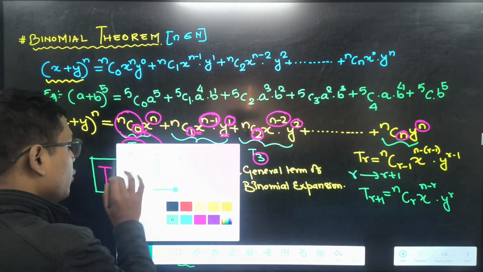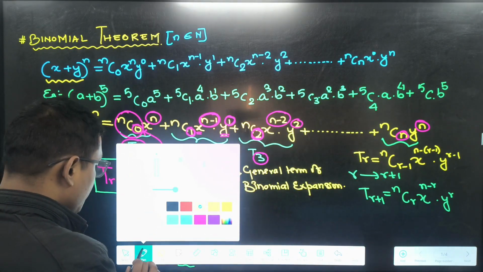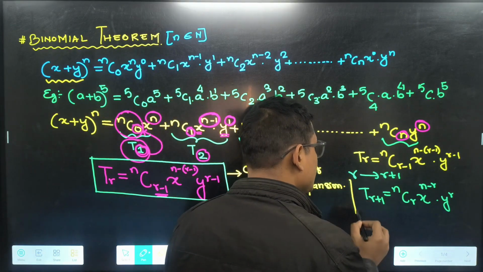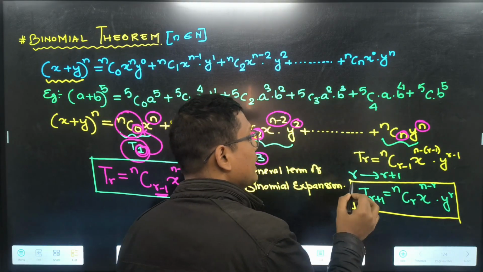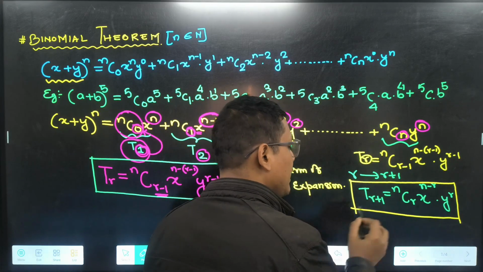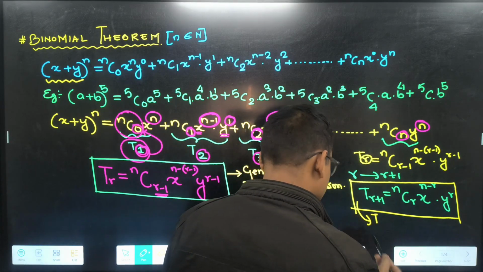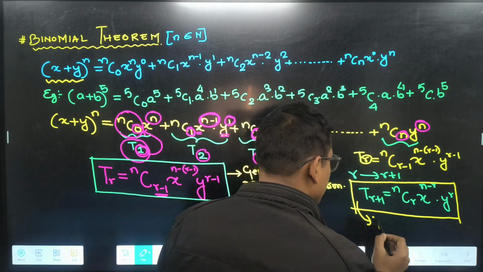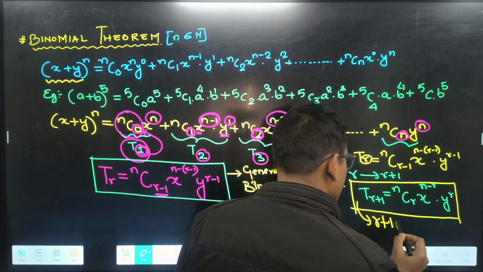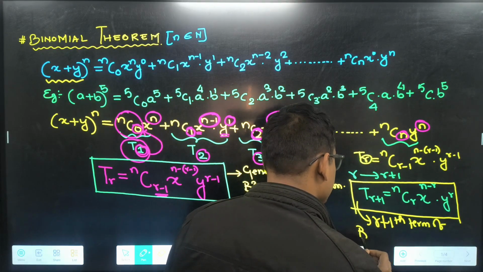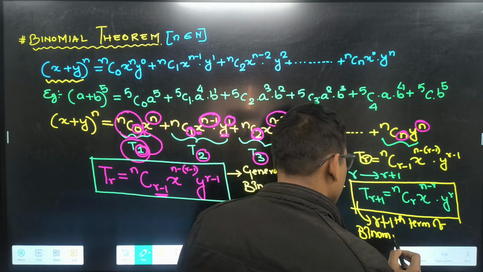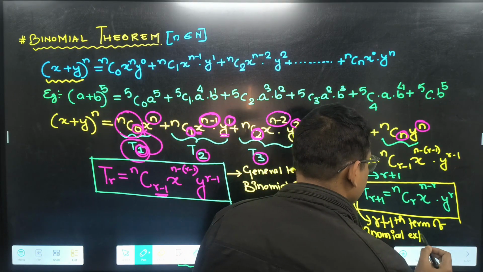Same formula, no difference. Only in place of r we have replaced it by r plus 1, so the rth term becomes the (r plus 1)th term. So we can write it as the (r plus 1)th term of binomial expansion.